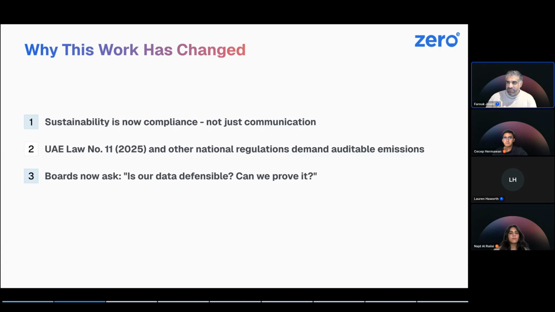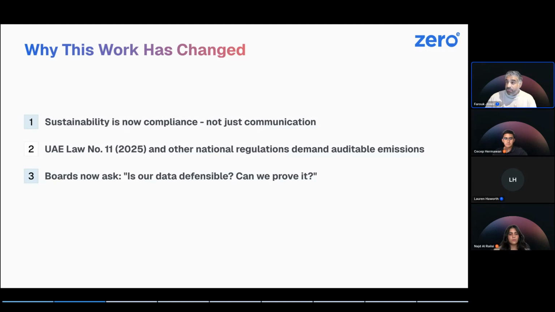Those statements are being evaluated by regulators, by shareholders and other stakeholders, and that changes the game in our view. In the UAE, as of May of this year, companies now have to report on their emissions, and those disclosures will need to be auditable, especially if they fall under certain categories.